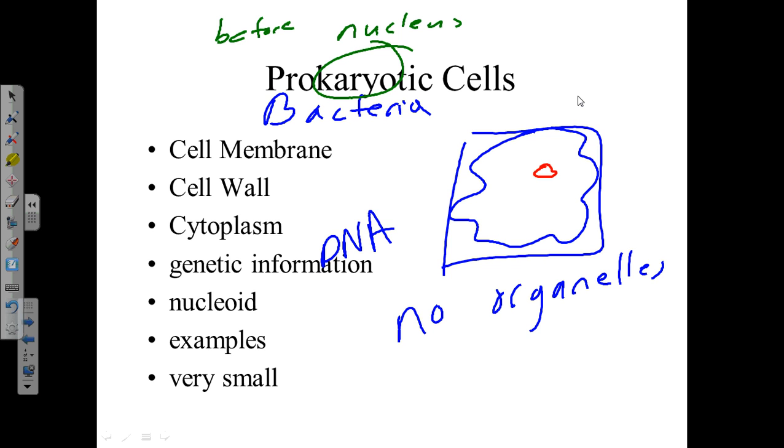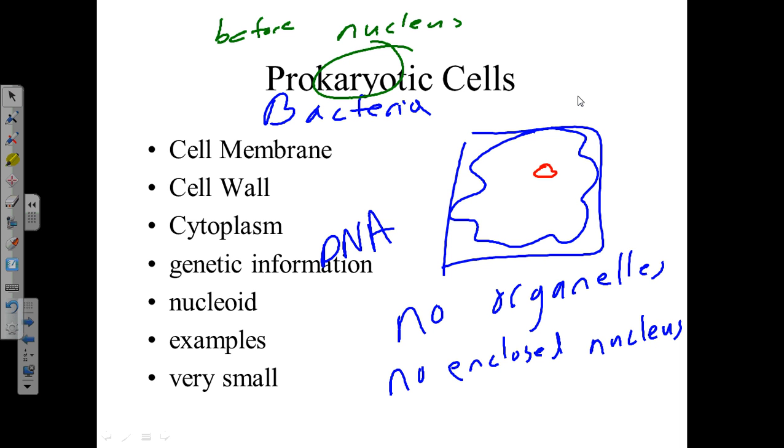Let's be specific here. Let's not just say they don't have a nucleus. Let's say that bacteria lack an enclosed nucleus, and no organelles. In terms of examples, the only examples I want you to worry about for prokaryotic cells are bacteria. Bacteria are prokaryotes.